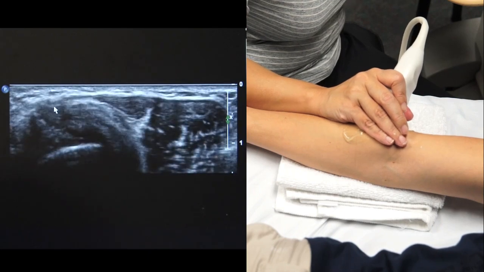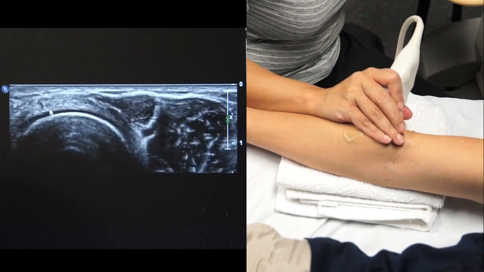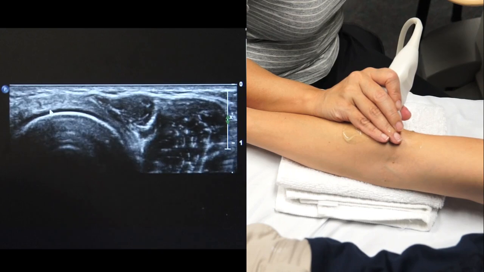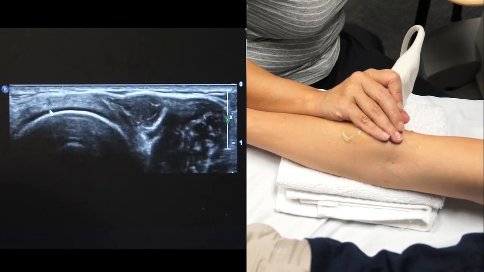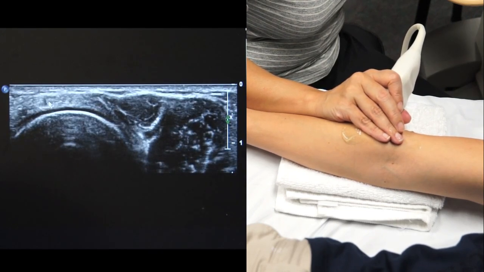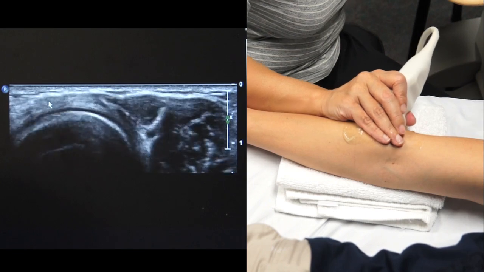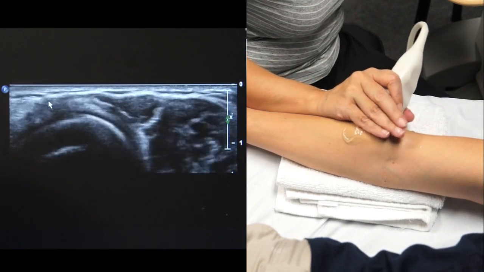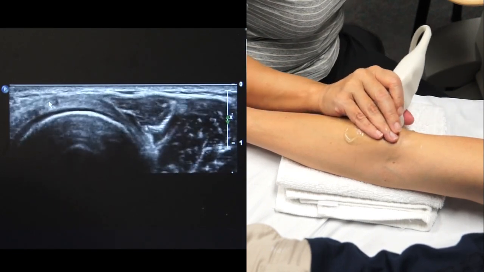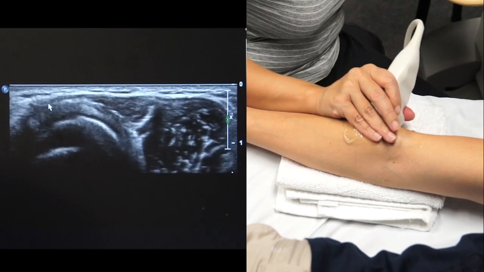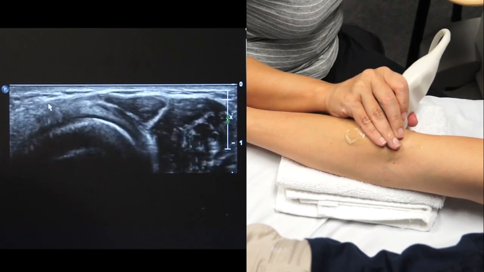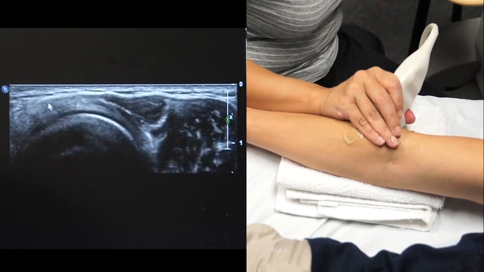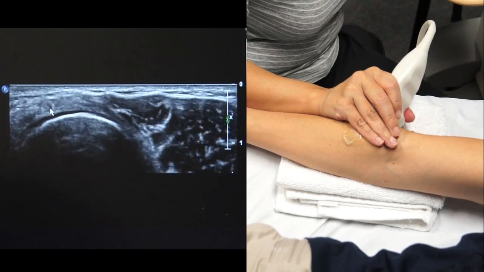So we would like to look at the tendon in both the short axis and long axis plane. Now, remember again about anisotropy in tendons. So make sure that you rock the transducer to differentiate between pathology and just decreased signal or decreased echogenicity related to anisotropy.